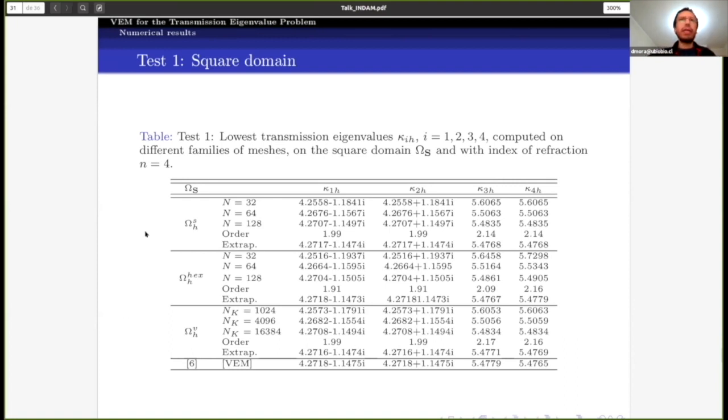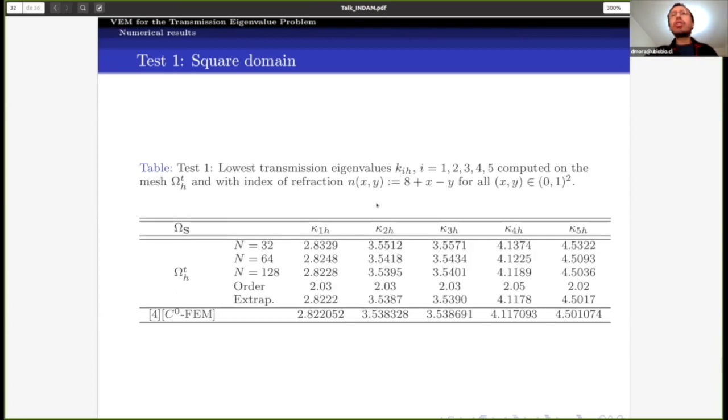Again, a double order of convergence for square meshes, hexagonal meshes, and Voronoi meshes in this case. Here we use a non-constant index of refraction, for which the analysis follows the same lines. Here again, a double order of convergence.